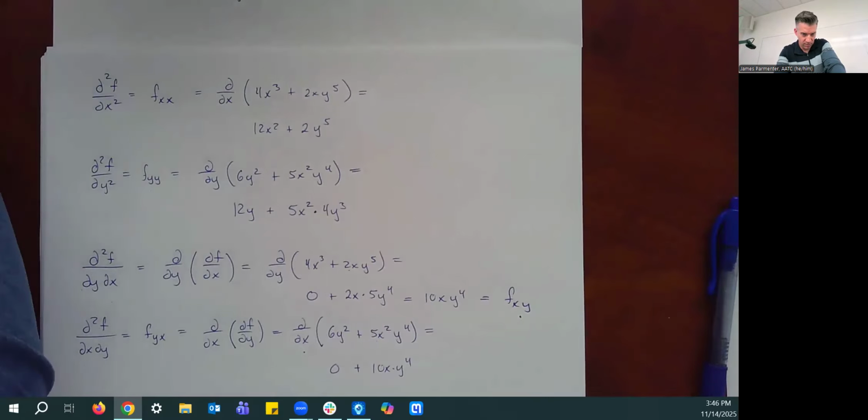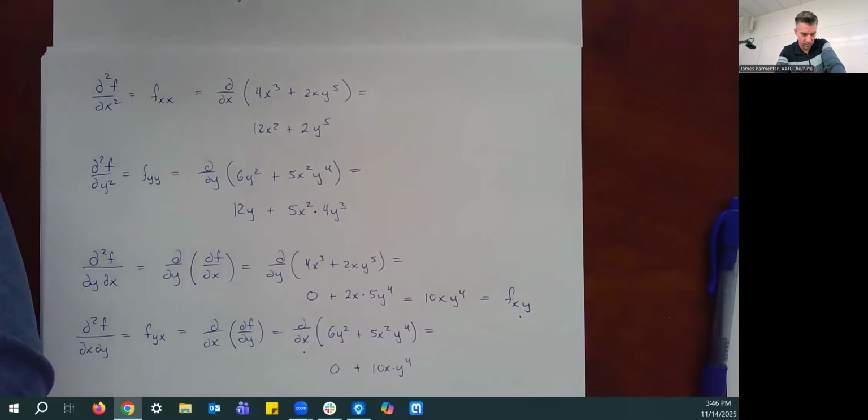Here it is. So here's the classic example, one of the simplest functions where this fails. This function, f of x y, equals x y times (x squared minus y squared) over (x squared plus y squared), as long as the coordinates aren't both 0, and 0 if they are both 0.